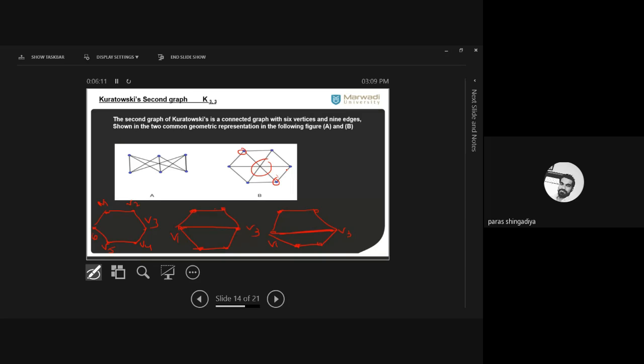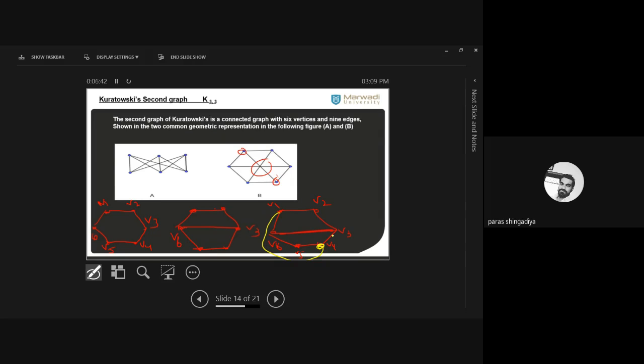Here V6 is, sorry, that is V6 and V3. So it is V1, V2, V3, V4 and V5. We cannot connect V1 and V4 to the inside. We have only one possibility to connect it as an outside edge, outside the region. Clear?